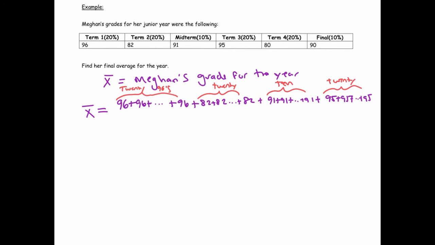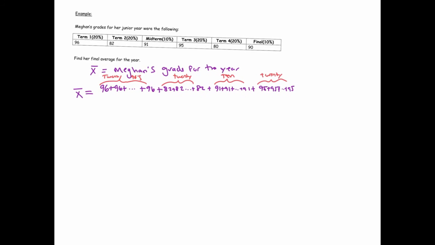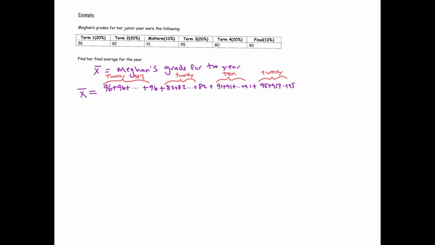You can see I've run out of room, so let's see if we can adjust here. So now I've got the 95s, now I've got 20 80s, and then I've got 10 90s. So I'm abbreviating because obviously we're not going to write them all out. There's 20 of those, and there's 20 of those. Sorry, there's 10 of those.